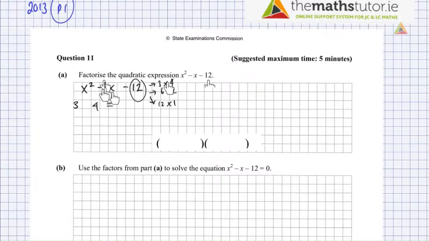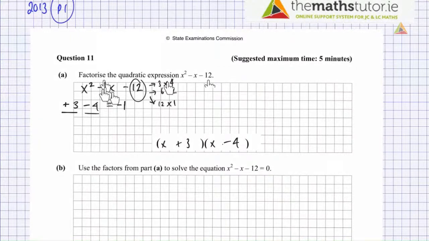So we need to decide what signs are going to go in front here now. If we had a plus 3 and we took away 4, then that will equal minus 1. So we're going to put x in the first, x in the second. We went with plus 3, so I'll put that in here. And we went with minus 4, so that's going to go in here. So that's the answer to the first part.